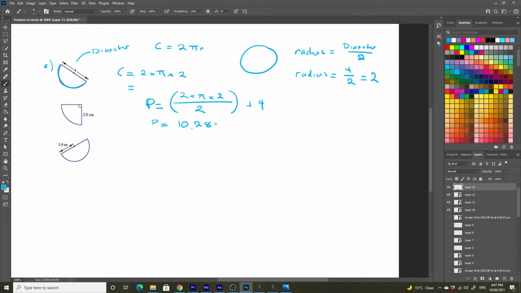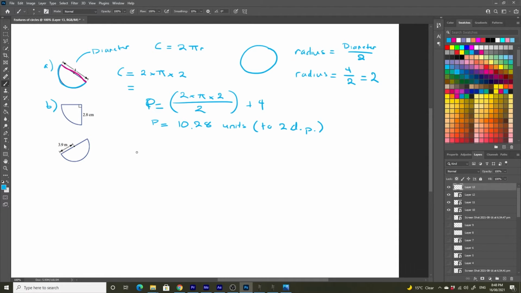And we don't have any units, so we're just going to write 10.28 units, to 2 decimal places, and you'll be done. And that would be this entire section, the 4, plus half of the perimeter of a circle.